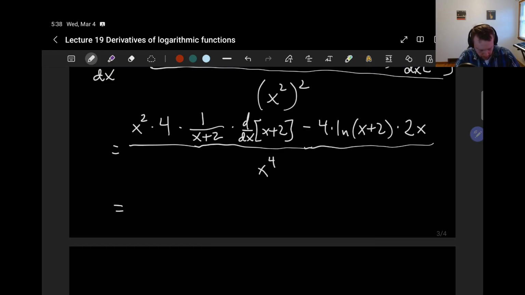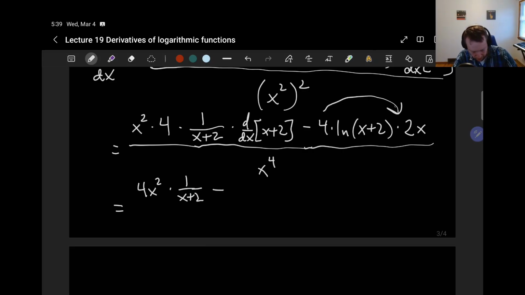Let me clean this up real quick. This derivative of x plus 2 is just 1. So that's a times 1. I don't need to write it anymore. Might leave this as is for the moment.